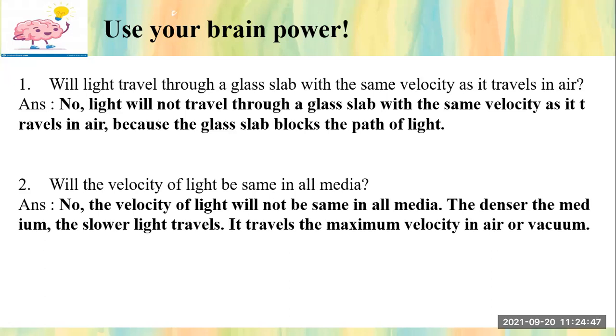So, students, when light travels in the denser medium, it travels slower. Its velocity decreases, its speed decreases. And light travels with maximum velocity in air or in a vacuum. The velocity of light is maximum in air and vacuum.